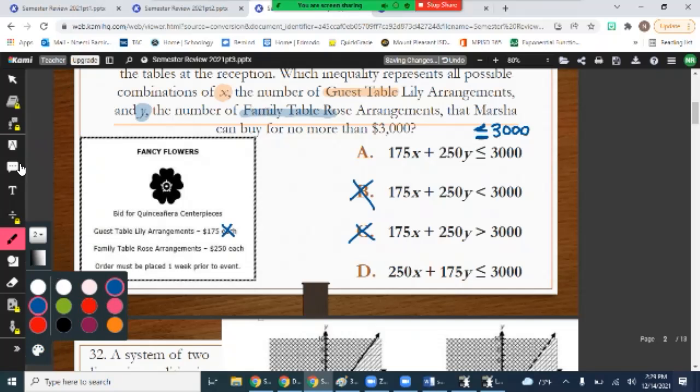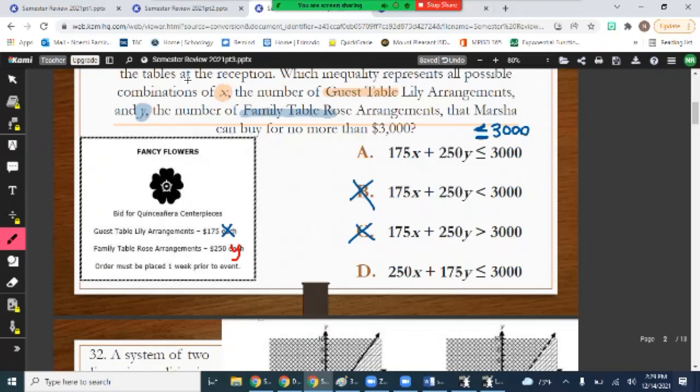I'm going to put a Y next to the number that they give me for the family table, making my answer A, 175X plus 250Y. Somebody asked me in an earlier class, what if it was 250y plus 175x? That also works as long as the number is with the correct variable. Questions? All right.